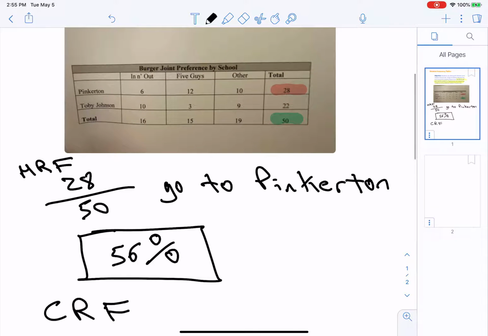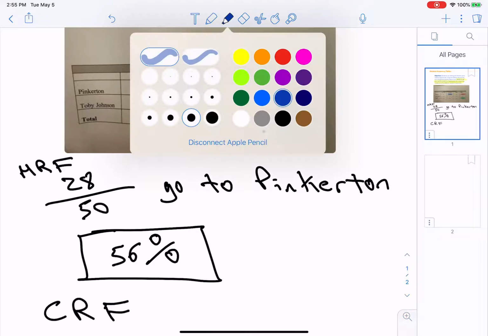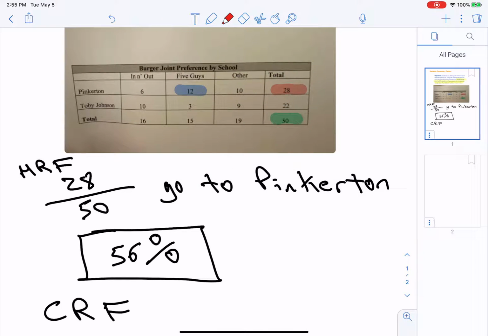And like I said, I would describe this as the people who preferred Five Guys given that they went to Pinkerton, out of the subtotal, out of the total number of people who preferred Five Guys.